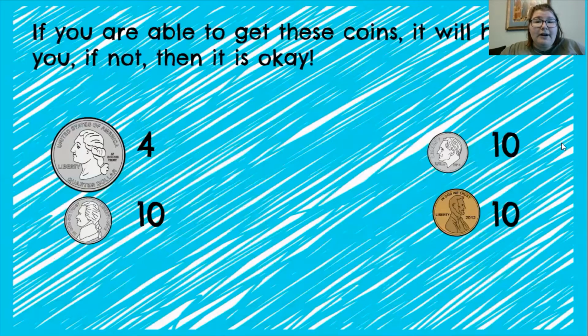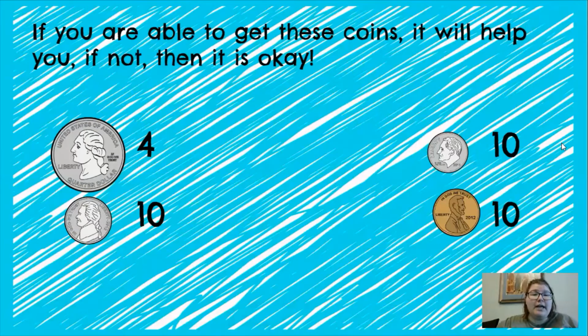So now we're going to do some playing around with money and explore this concept a little bit further. If you have these coins around, I would get them. This is going to be a little bit easier for you. If you don't have them, that's okay. You could make them and cut them out.